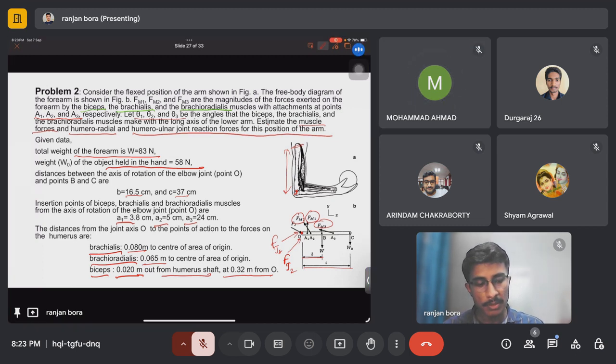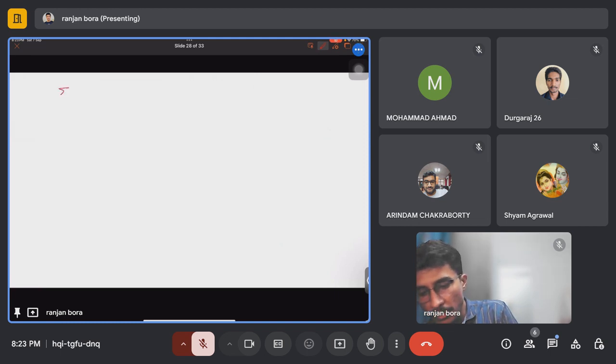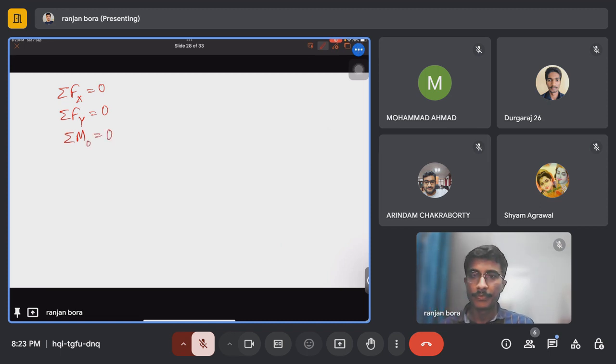But here we have only three equations, right? We can only write these three equations, which are summation Fx equal to 0, summation Fy equal to 0, and summation MO about O equal to 0. We have only three equations, and five unknowns.